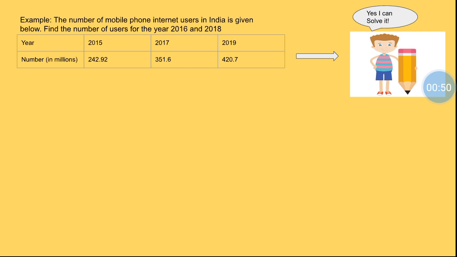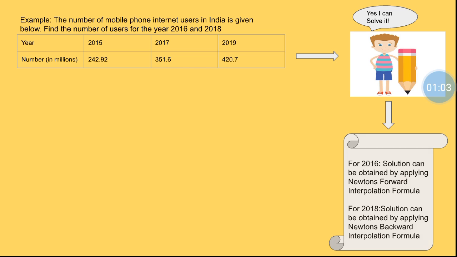Now here the difference between the years which is given comes under equal intervals, that is the difference is 2 years, so h is 2. So for 2016, the solution can be obtained by applying Newton's forward interpolation formula, and for 2018 we can apply Newton's backward interpolation formula.